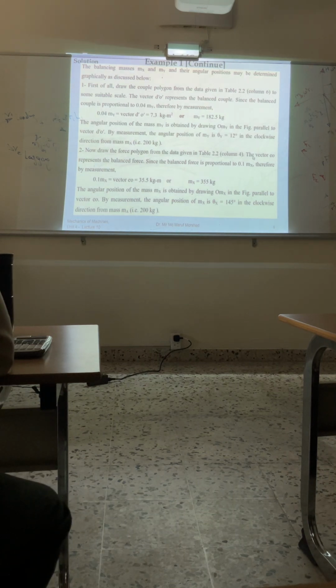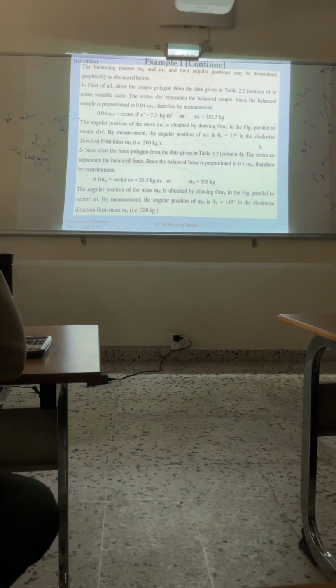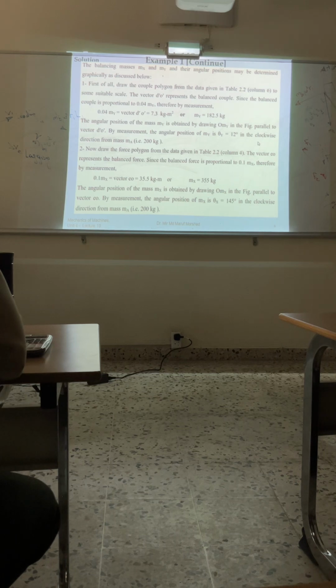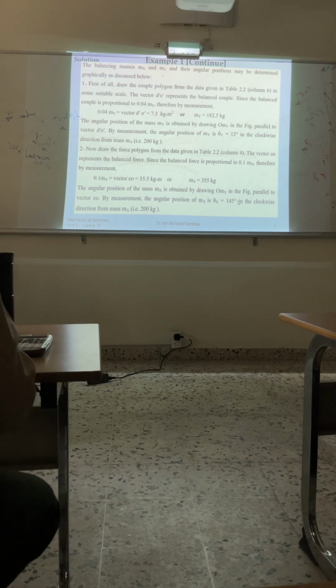Theta y should be located in the fourth quadrant. He said 12. Why 12? Minus 12, it should be negative 12. He said the angle of rotation of MY is 12, in the clockwise direction, which means negative 12. But if you measure it in the anti-clockwise direction, it should be 300 something, less than 360, because you are speaking about the fourth quadrant, right? And this one is 145.